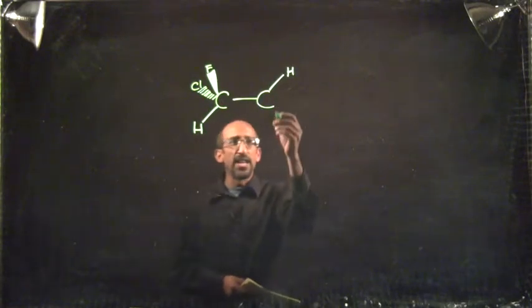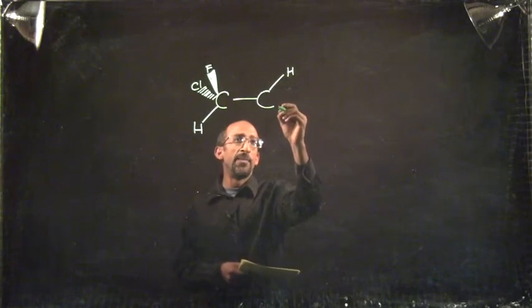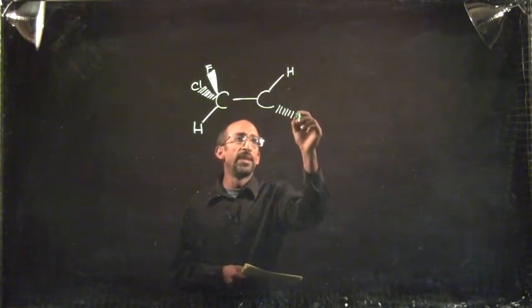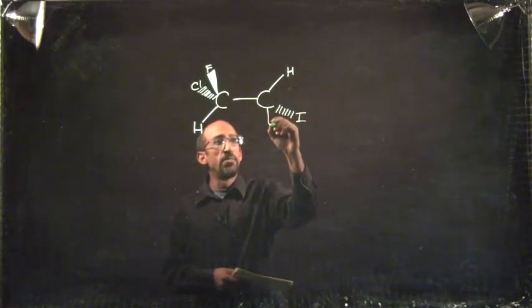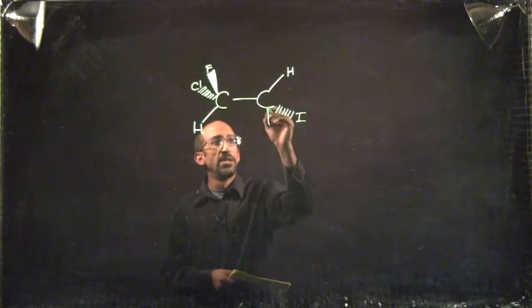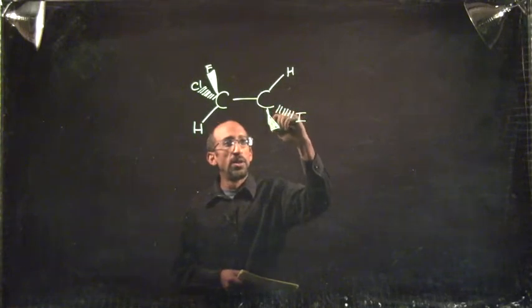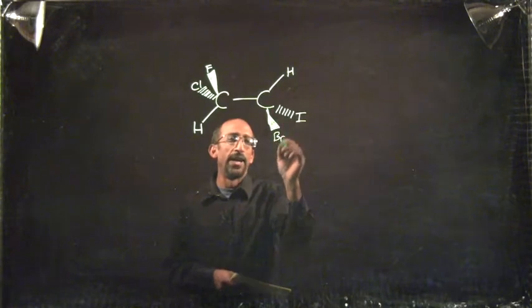Over on this right-hand carbon, what I'm going to have is coming behind the board towards me, an iodine atom, and sticking out of the board towards you on this wedge, we'll have a bromine atom.